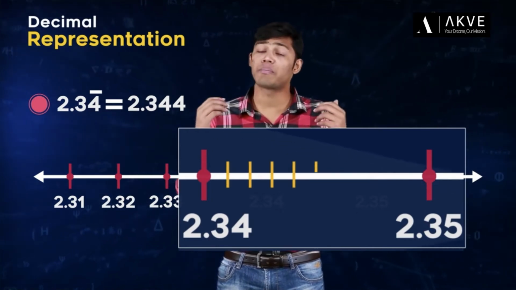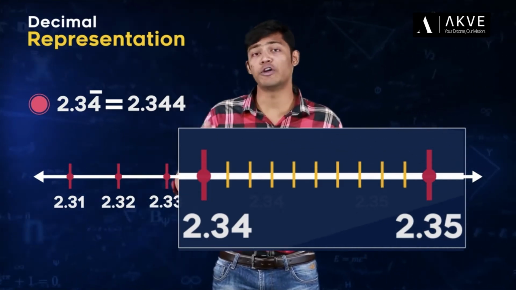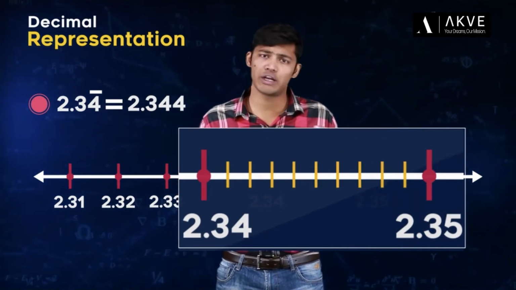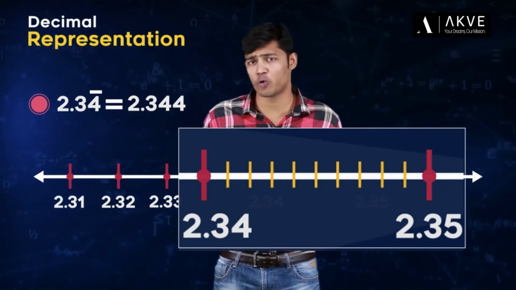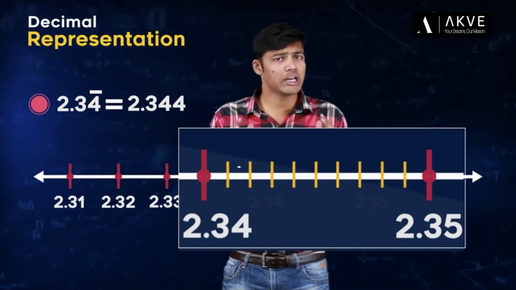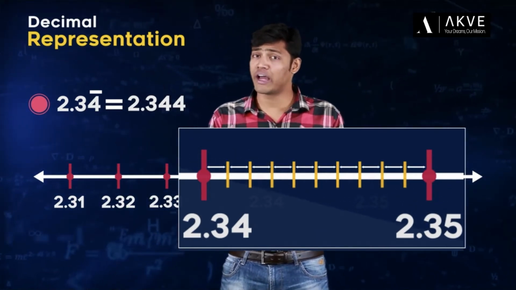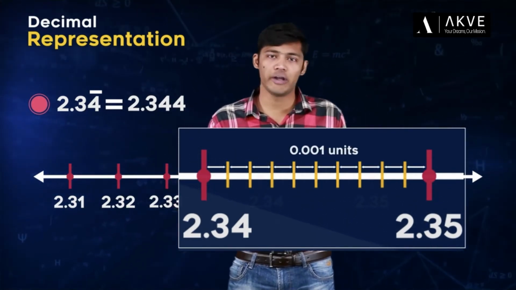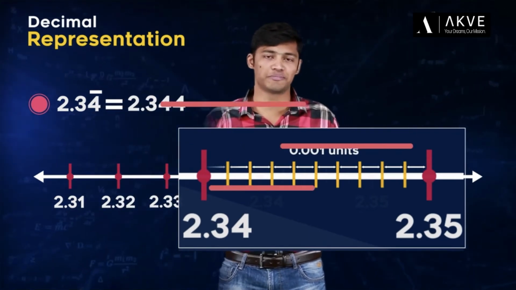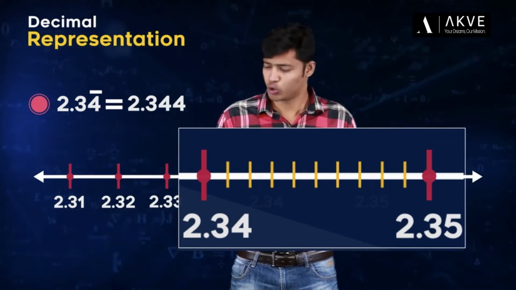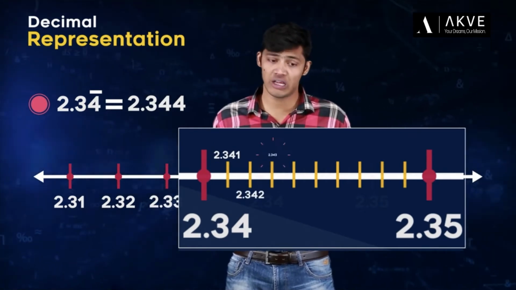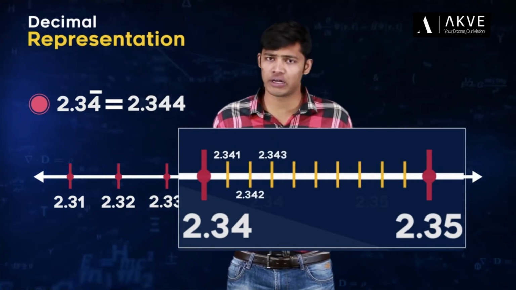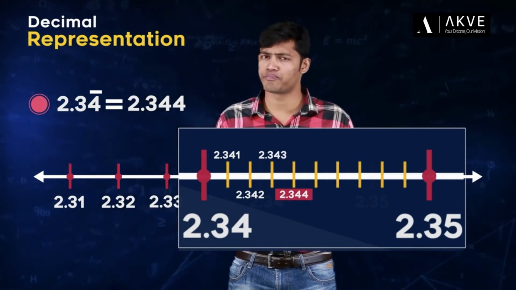That is, we are magnifying further between 2.34 and 2.35. Now, after dividing the line segment between 2.34 and 2.35 into 10 equal parts, the length of each part will be 0.001 units. So, the points are 2.341, 2.342, 2.343 and here is our required point 2.344.